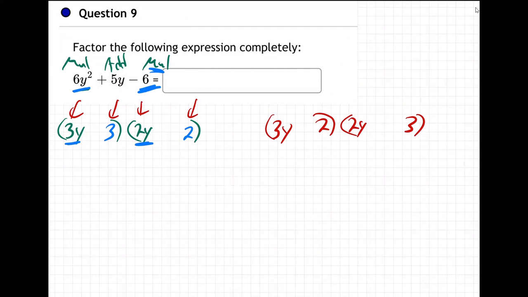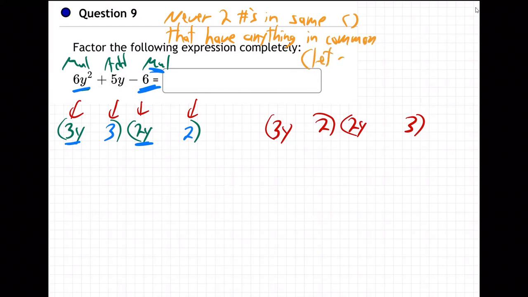How do you know which one is right? Well, let me give you two ways to know. The first and easy way is you're never going to have two numbers in the same parenthesis that have anything in common, let alone the same number.